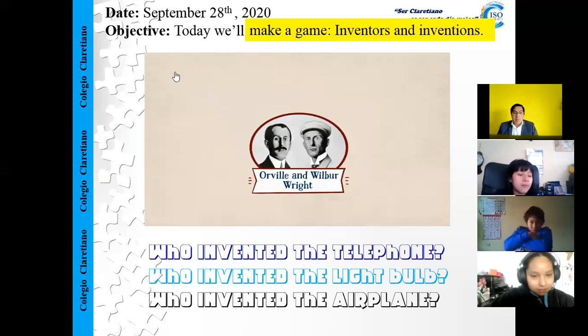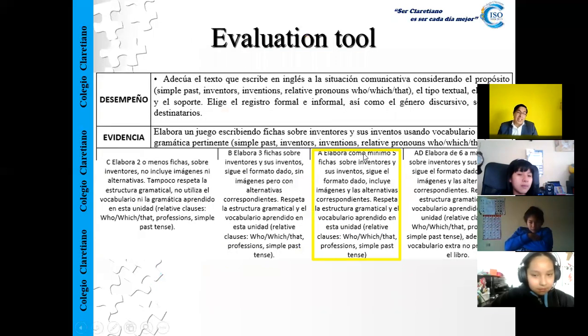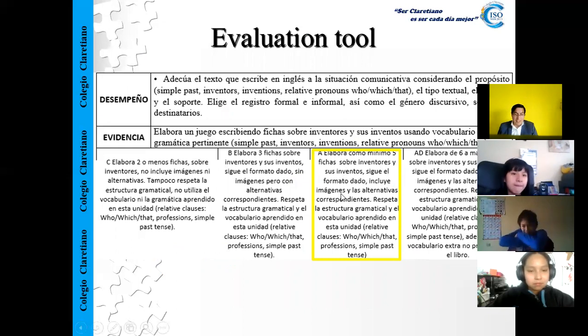Okay, now please, we are going to continue working with riddles, but we are going to create a game. Tomorrow we are going to work with this, okay? You need to create 5 charts, 5 about inventors and their inventions. We are going to work in OneDrive, on the internet. But you need to use the grammar we learned: who, which, that.